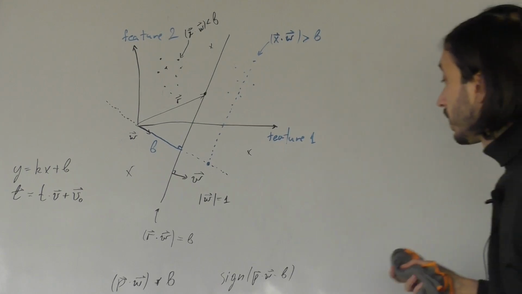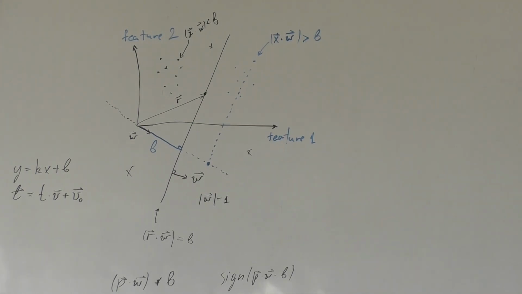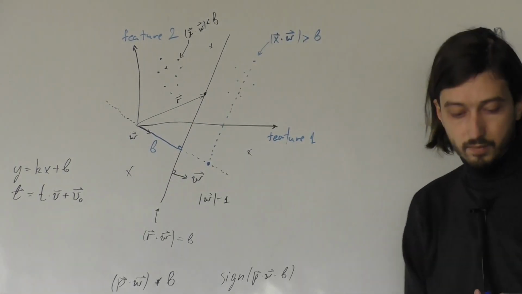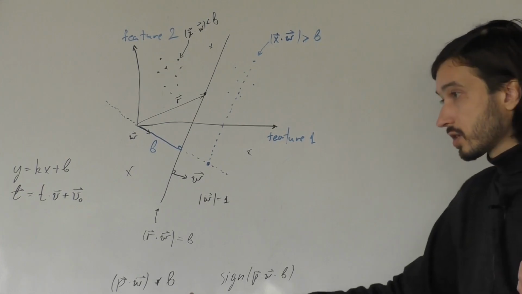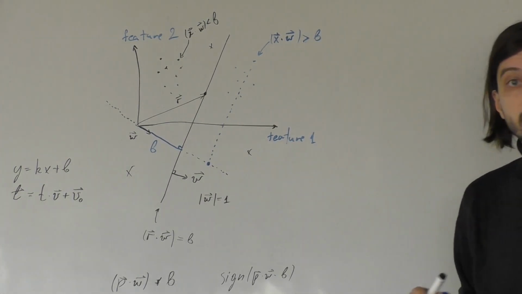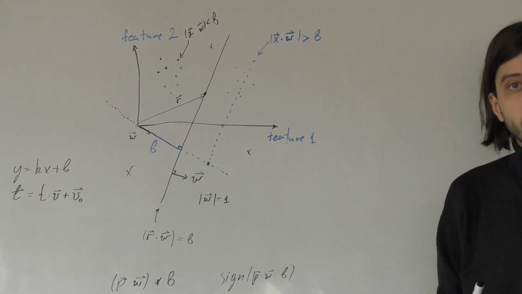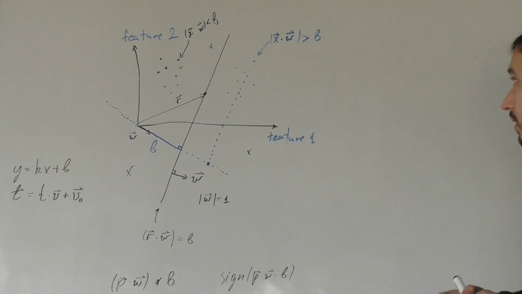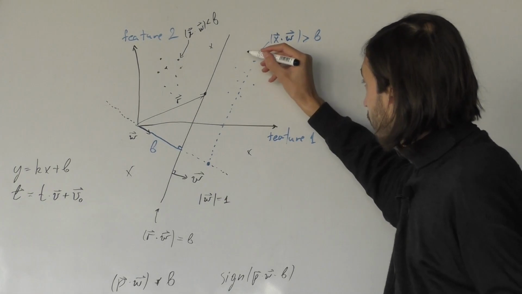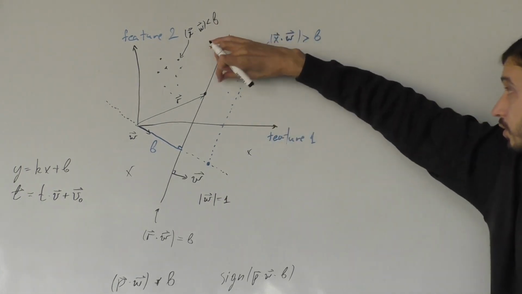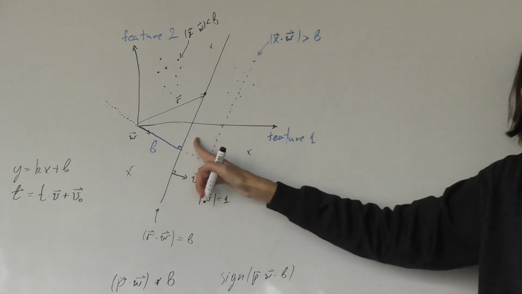Now the last question I want to pose. We want to train this classifier. So I want somehow to express in equations the training of this classifier, so to pose somehow the problem. So what I want to do, I want these points to be as far away from the line as possible.